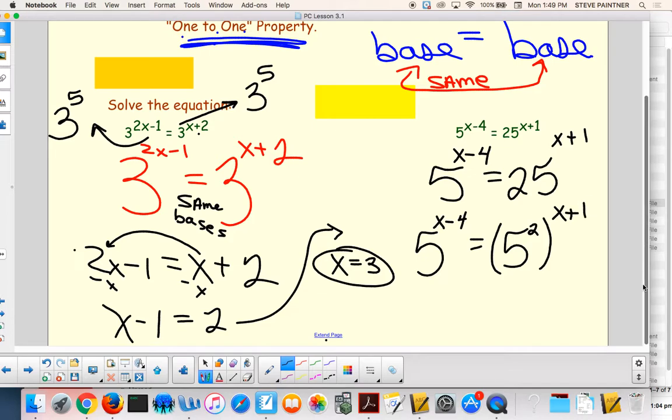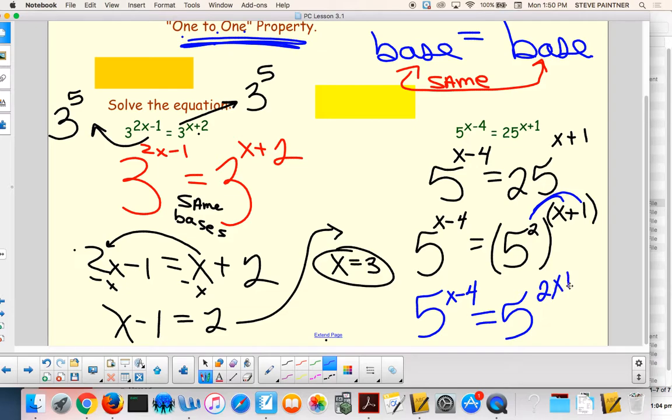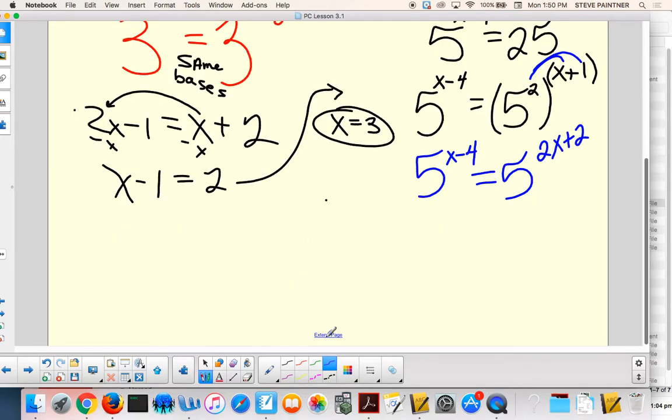Do you guys remember your rules? When you take a power and raise it to a power? That's multiply, yep. 2 times x, 2 times 1. 5 to the x minus 4 equals 5 to the 2x plus 2. There you go. Solve it. You have the same base. It should be really easy now.